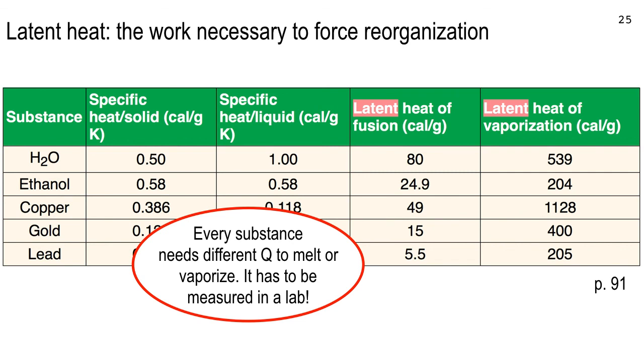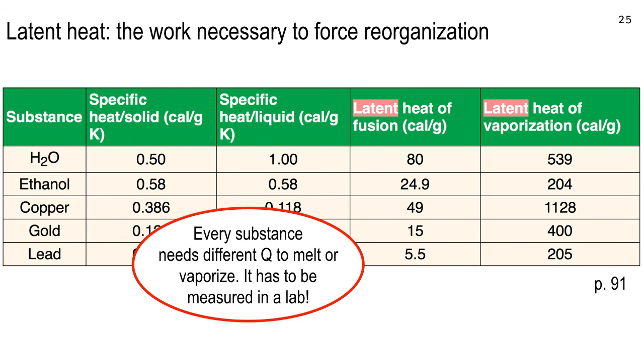Now, gram for gram, look at ethanol. Ooh, ethanol, if you can solidify it, if you can freeze it, and then you want to remelt it again, it only takes 24.9 calories per gram. And here's copper. Whoa, look at gold. To melt gold, that's a walk in the park.